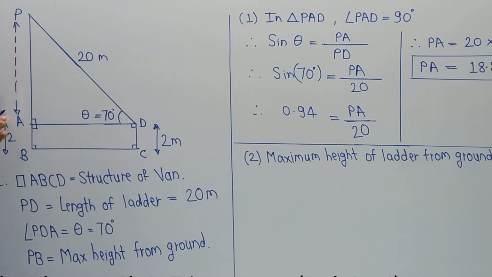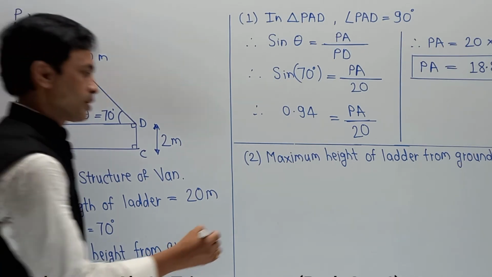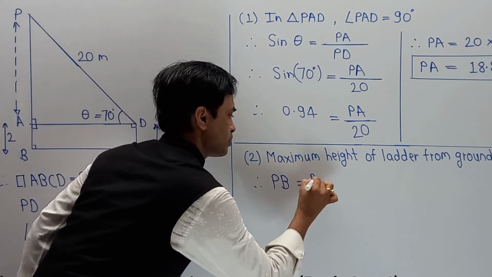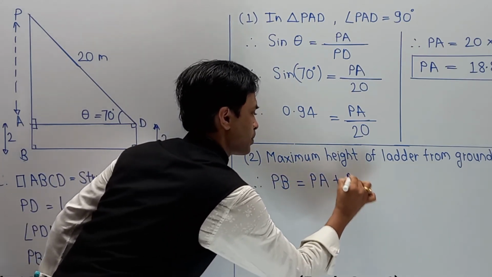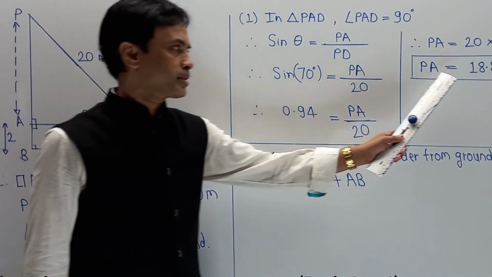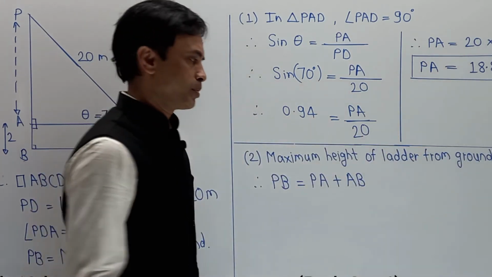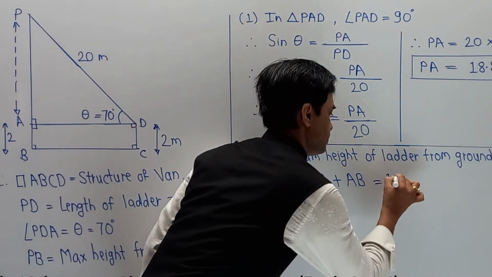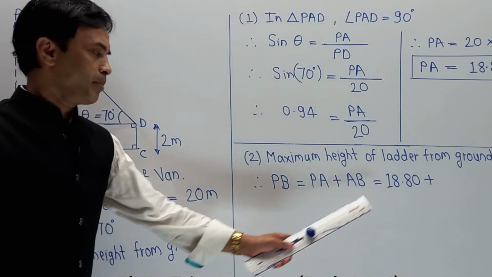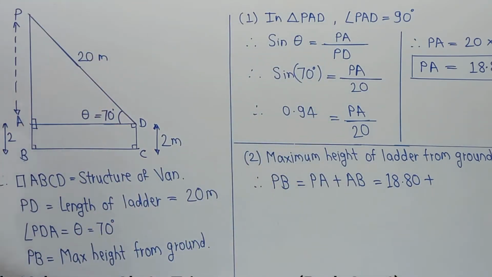PB is equal to PA plus AB. PB is equal to PA plus AB. As per our calculation, this PA is 18.80 meter, plus AB, that is the 2 meter.